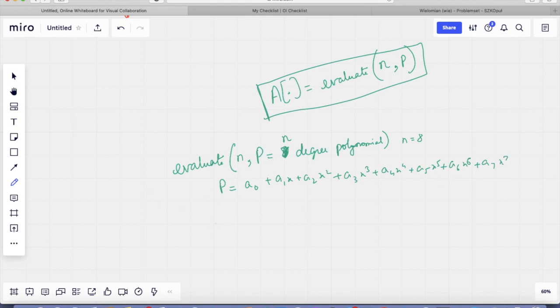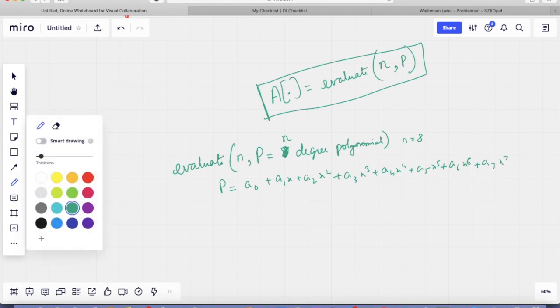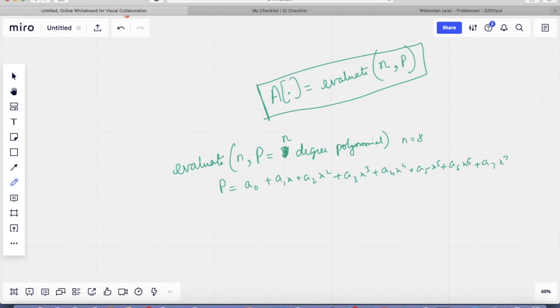So now we essentially call the recursive function like this. We set A equal to evaluate n by 2 comma another array.